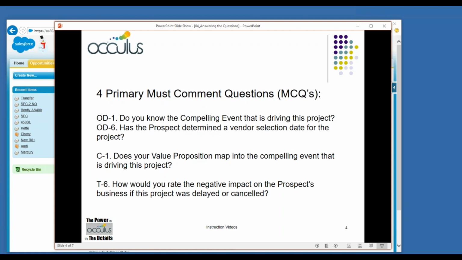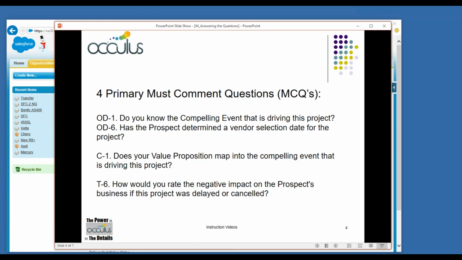Maybe it has to go through legal, but there could be a significant amount of time from the point when the prospect gives you a piece of paper to when your company can actually put it on the books. So understand what that gap is for your company and make sure you build it into the close date. So it's the vendor selection date, different from your close date.